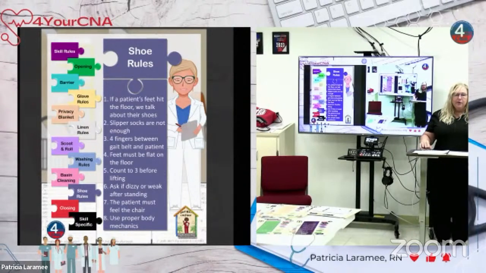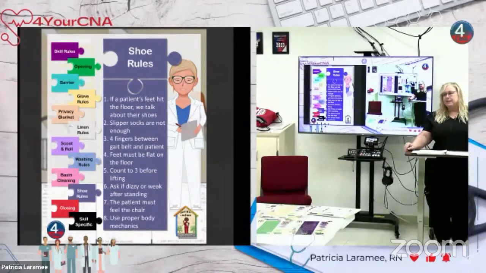Shoes also help prevent injury. There are sharp objects in healthcare. We use needles and lancets and glass bottles and all kinds of sharp things. And it's possible that some of those might fall on the floor from time to time. Would you let a toddler walk around barefoot in a hospital? If we wouldn't let a toddler do it, then why are we letting our patients?